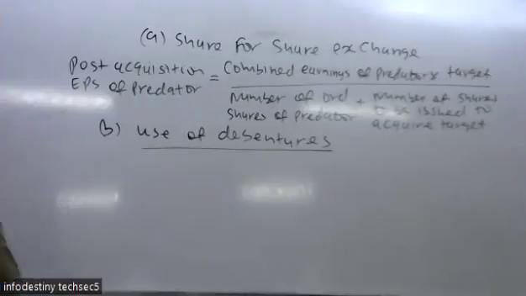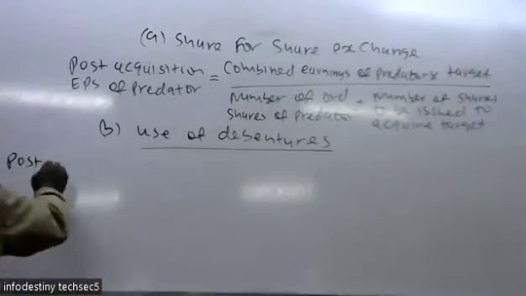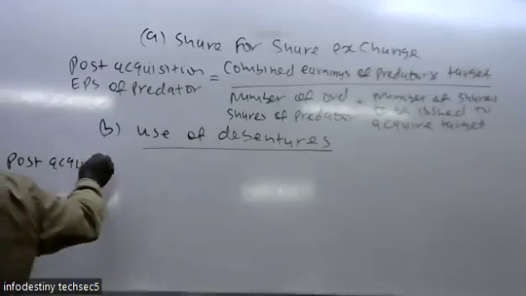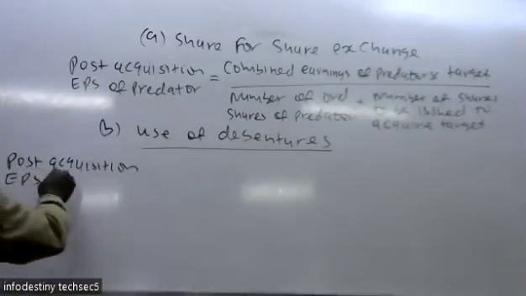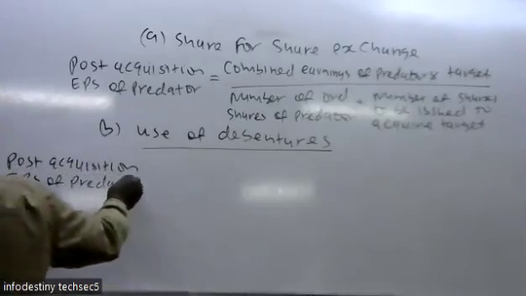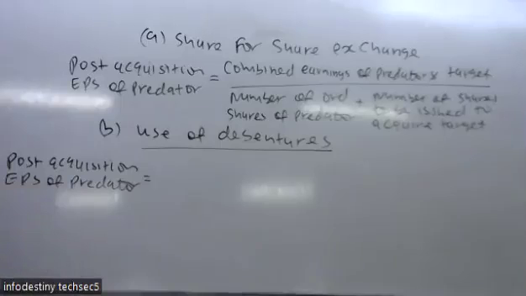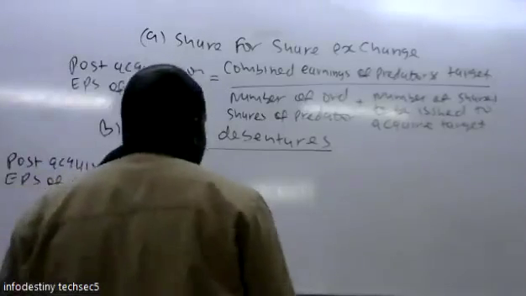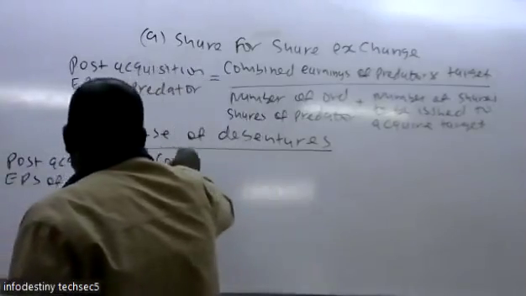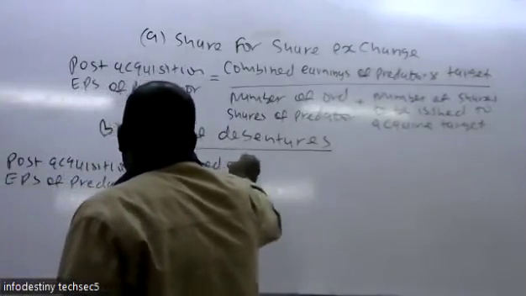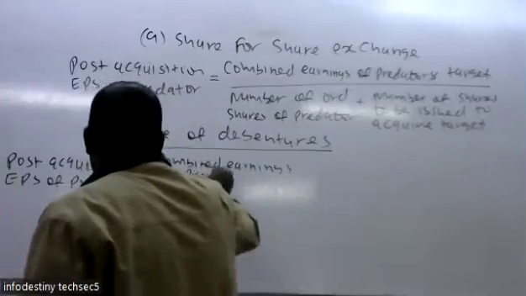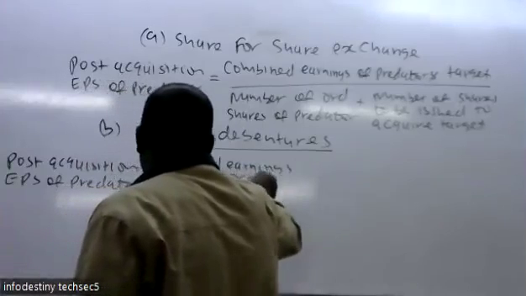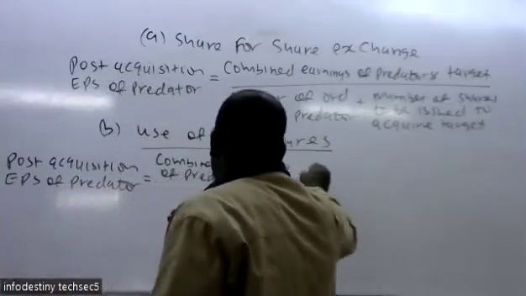So when it comes to the use of debentures, and we want to compute the earnings per share of the predator, it will simply be given by the combined earnings of the predator and the target.